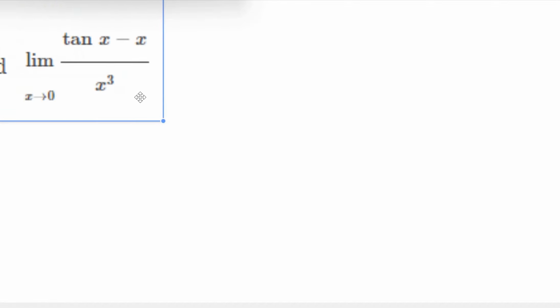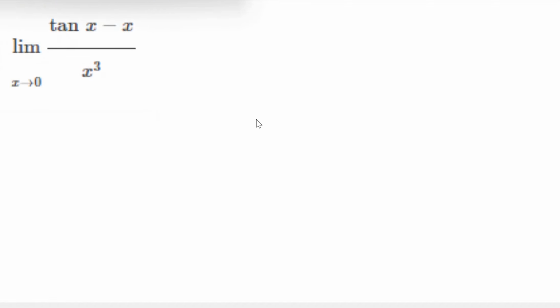Try this. So if you plug in 0 to tangent, you get 0 minus 0, 0 over 0. So this is 0 over 0, indeterminate form. So find me my derivative of those two.